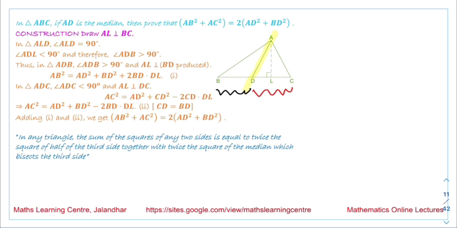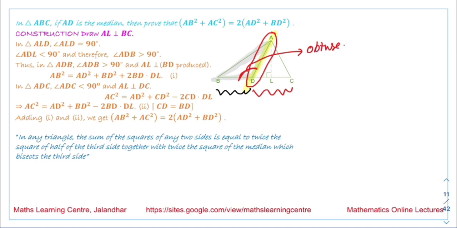Now we are talking about this line AD, and we are talking about this triangle ABD. If we consider this triangle, then this angle ADB is an obtuse angle.